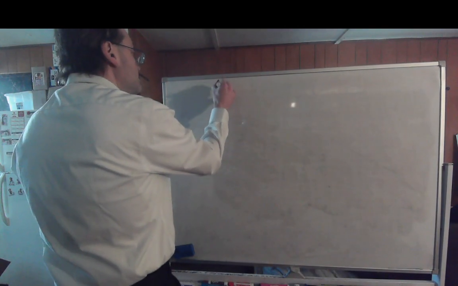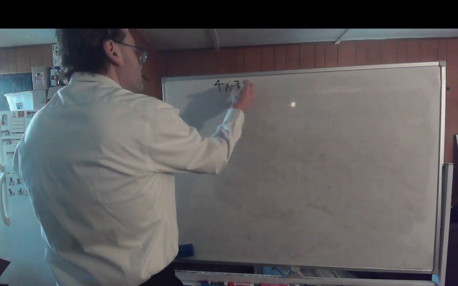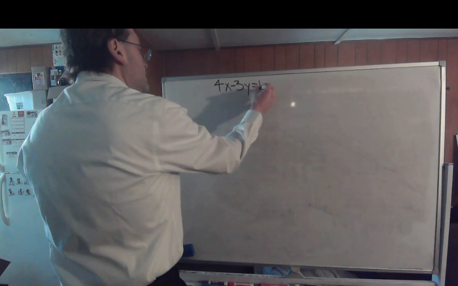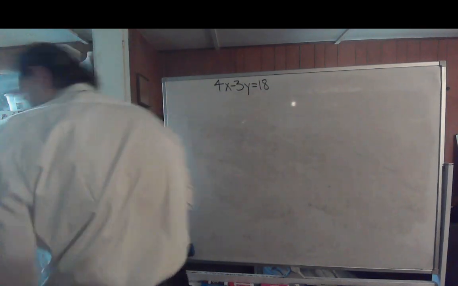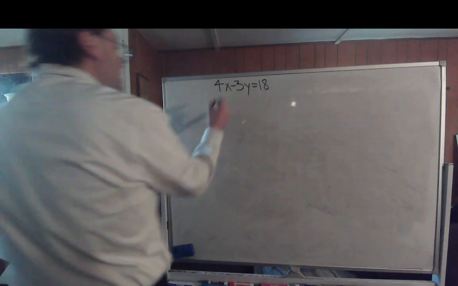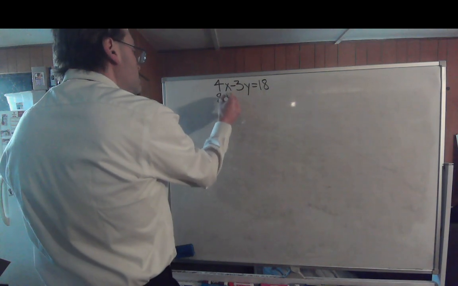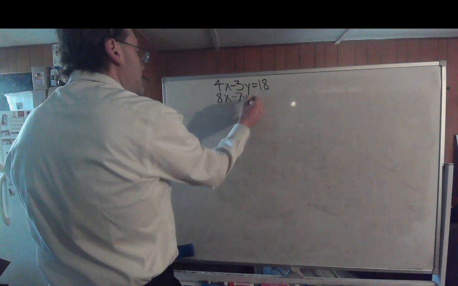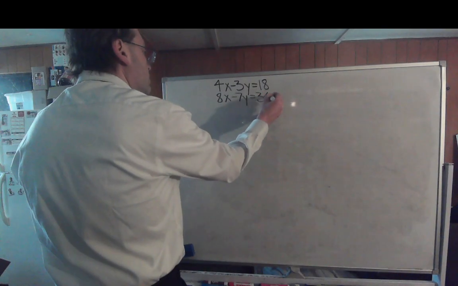Alright, what do we got here? So we have 4x minus 3y is equal to 18. Then we have 8x minus 7y is equal to 34.